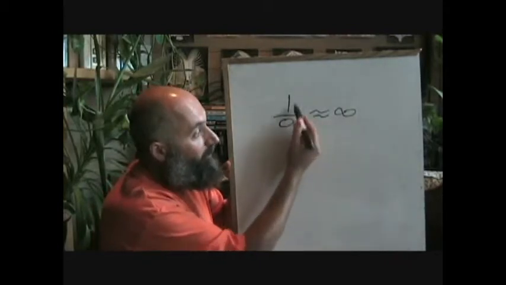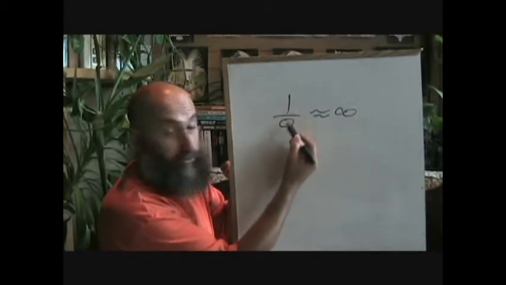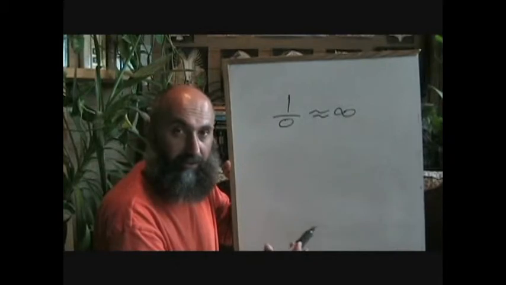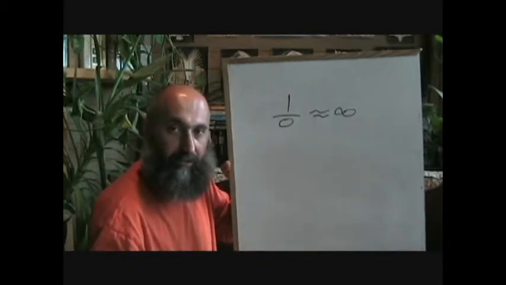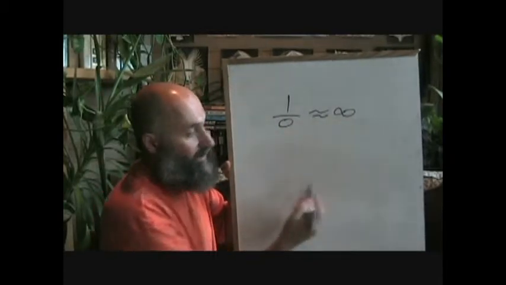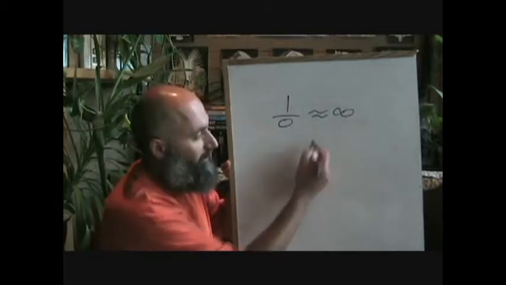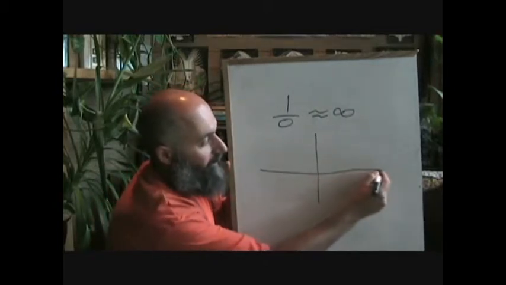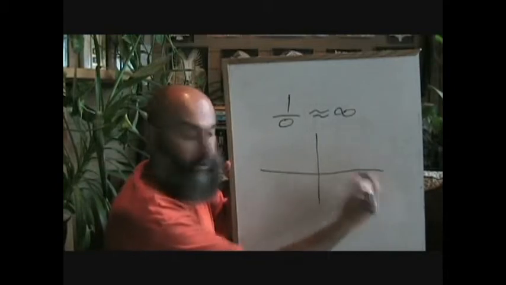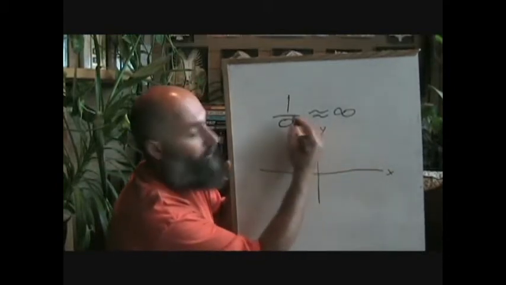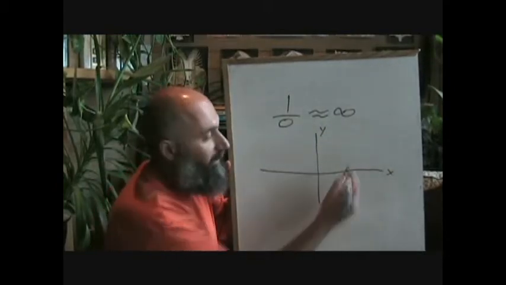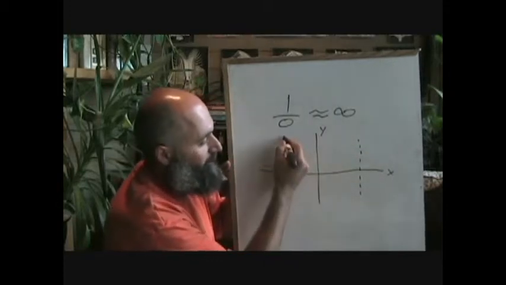So we're going to use this property or this restriction when we're solving equations, and later on when we get into functions. What this does is create asymptotes for us. So when we have a function and somewhere on the Cartesian coordinate system you end up dividing by 0, what it does is create an asymptote.